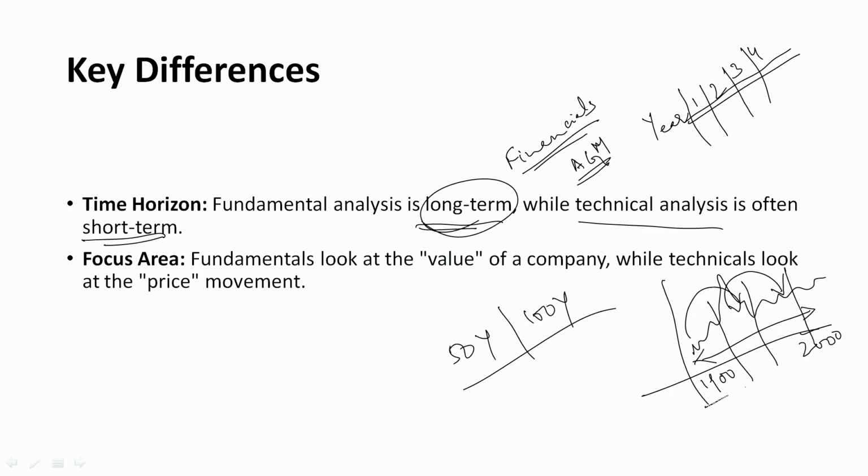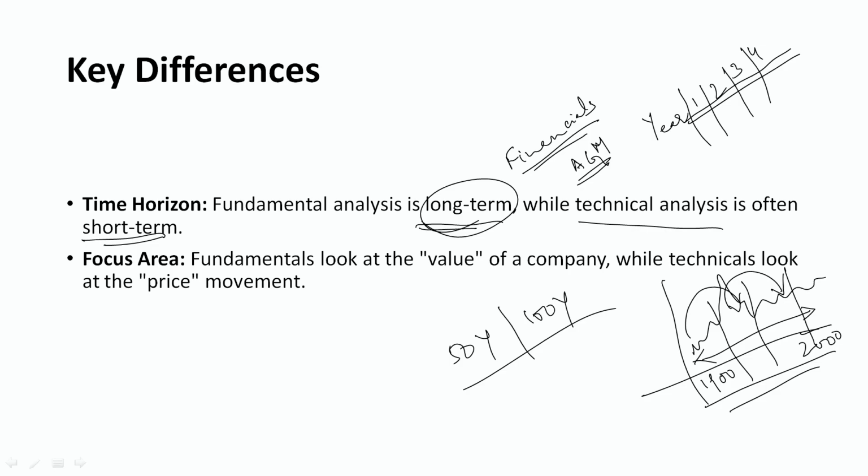Like that I can go up to 100 years or 50 years, whichever is required. So, that is the reason why I consider this to be opposite in nature. But I am not disagreeing with the experts in the field who say fundamental analysis is considered long term and technical short term. This is my perspective which I have told.